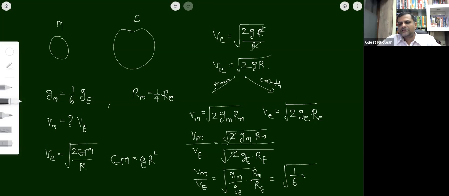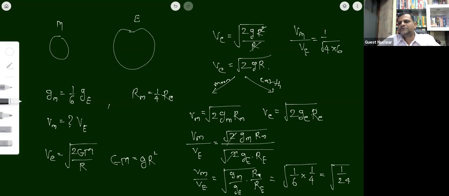Yes, and at the same time here R_m upon R_e, how much it must be, it's given to be 1/4. देखो ठीक से यहाँ पे अगर इस R_e को नीचे लेके जाएंगे ना इधर, तो हमको R_m upon R_e का वैल्यू मिल जाएगा 1/4, जो हम यहाँ पे रिप्लेस कर देंगे as it is, so that we can get this simplified as root of 1/24, करेक्ट है. इससे हमको ये पता चल रहा है कि vm upon ve is actually going to be equal to 1/√24, and 24 can be written as 4 into 6, right?